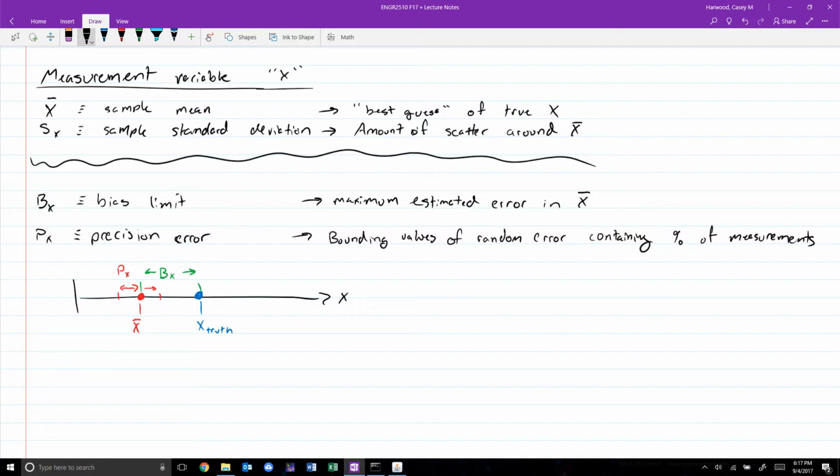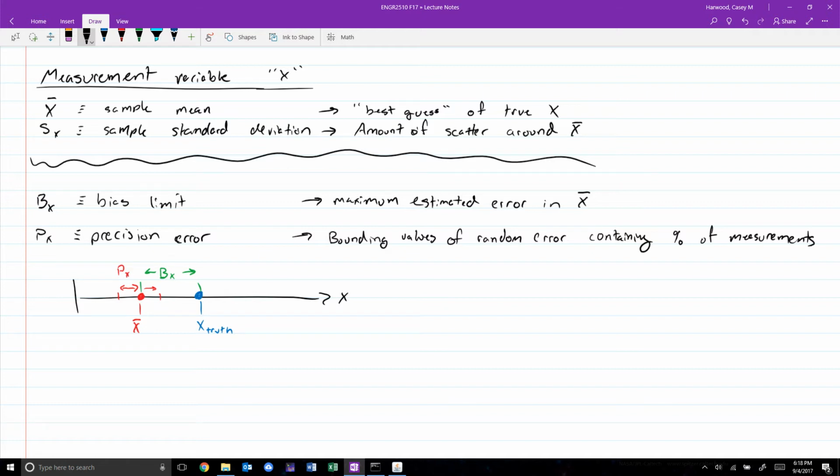Like if you're using a ruler, you'll take the smallest increment of measurement on that ruler and cut it in half and say, my bias limit is plus minus 1/2 of the smallest unit of measurement on this instrument. If you're using a digital instrument like a stopwatch, you'll say plus minus the smallest significant digit on that digital output. So it's a way of saying, I cannot resolve my measurement finer than this. So it could be off by up to the bias limit amount.